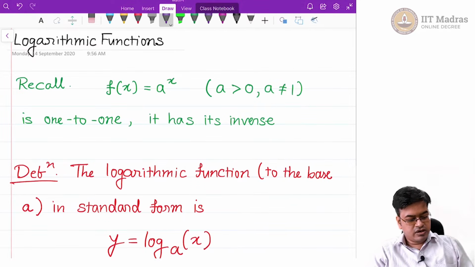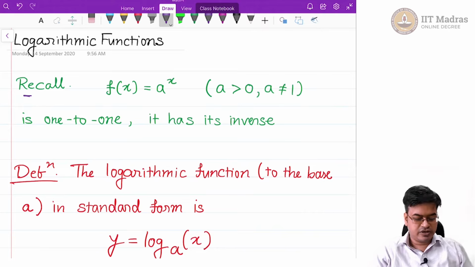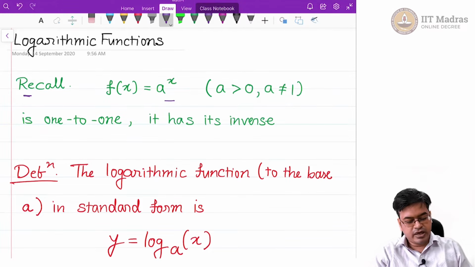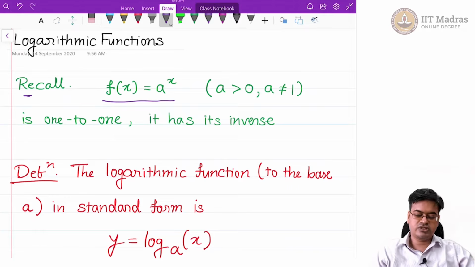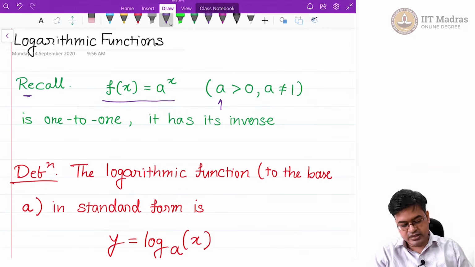So let us recall our notion of exponential function. We started with a function will be called as exponential function if it is written in the form f of x is equal to a raised to x, where there were some conditions on a. For example, a should be greater than 0 and a cannot be equal to 1.